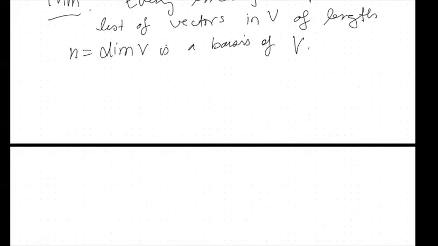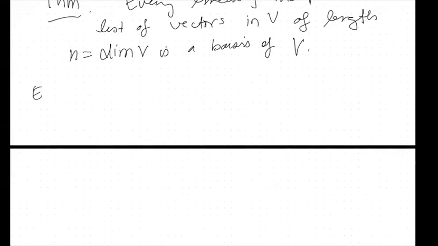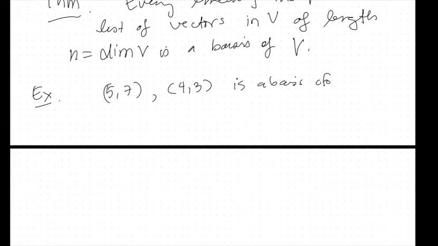And for example, we have (5,7) and (4,3) is a basis of F^2. This list of vectors is linearly independent because we cannot find a non-zero element of F so that we multiply (5,7) and get (4,3).